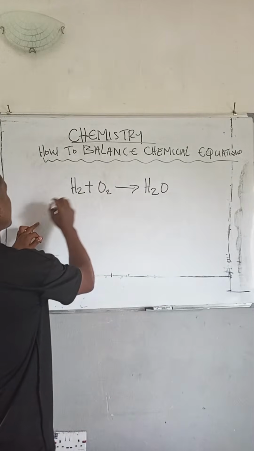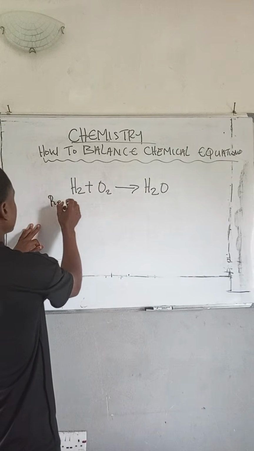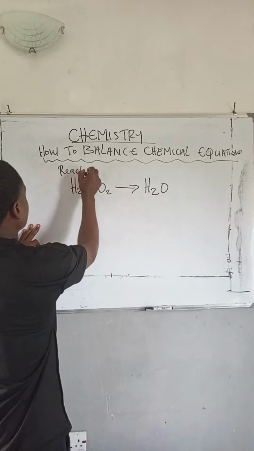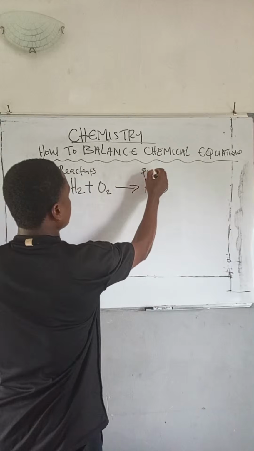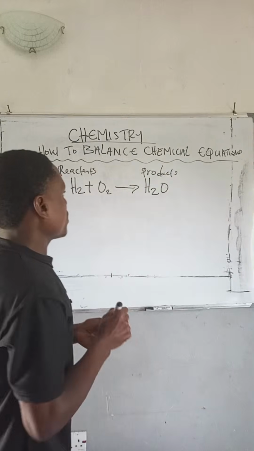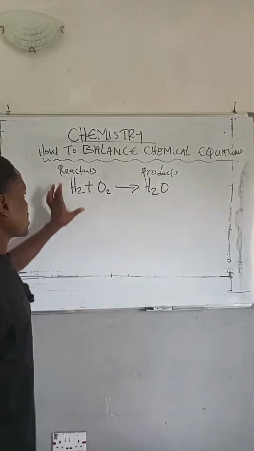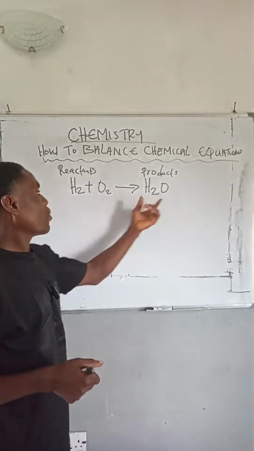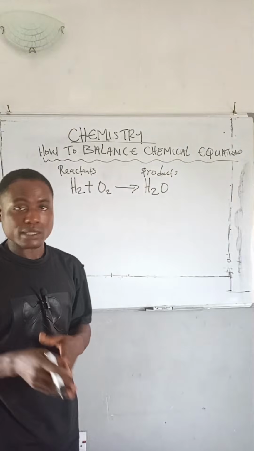And the ones on the left side are called the reactants, while the ones at the right side are called the products. Okay, these are the reactants, meaning these are the ones reacting. Are you getting it? And these ones are the products, or the product. Are you getting it?